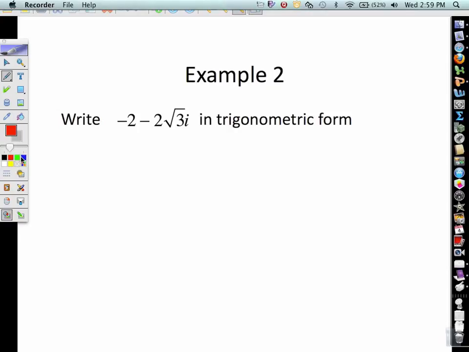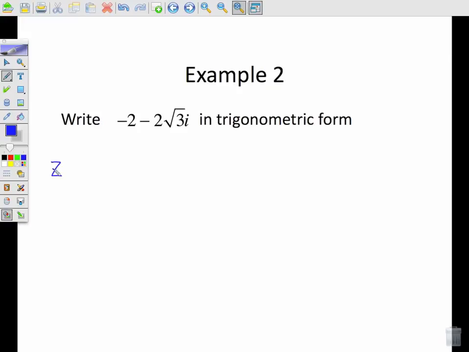Here's what we know. We know that z is equal to r cosine theta plus i sine theta. We need to figure out what the r value is. Let's do that first.